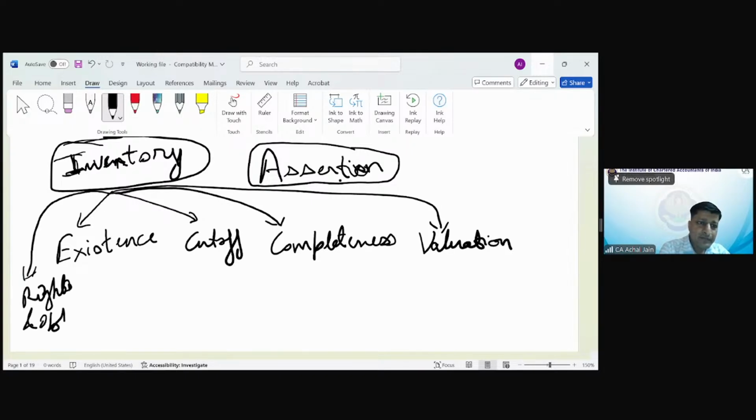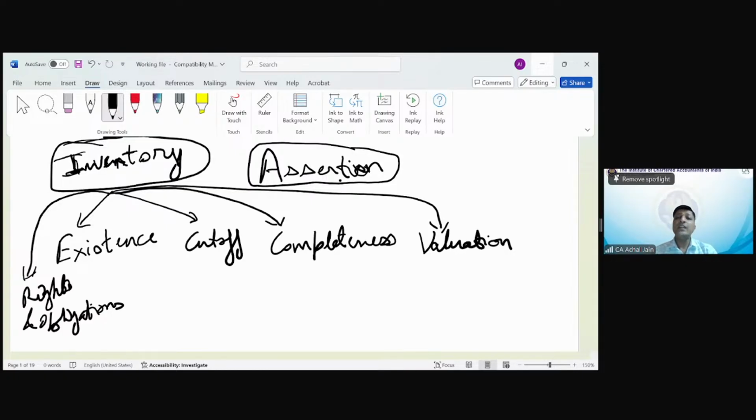Correct. Now, the first step for you to consider while designing the audit procedures, which you will do in the planning stage itself, will be to break that particular line item into various assertions. Why is that important?